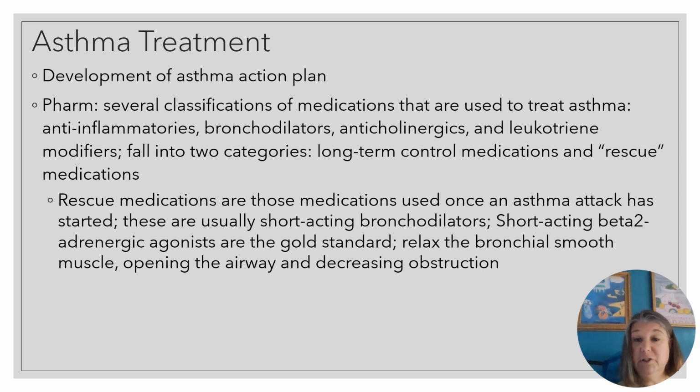So because asthma is very individual, we're going to have an asthma action plan for all of our people. This is going to talk about how to manage the asthma, peak expiratory flow readings, meds, awareness of worsening symptoms, acknowledgement of triggers, when to seek emergency care.